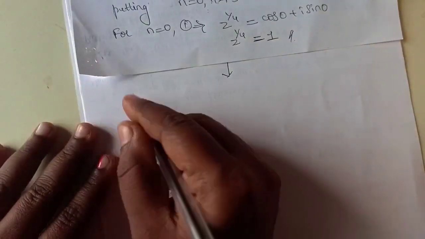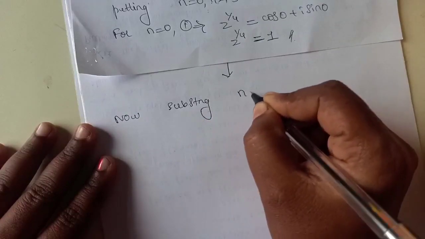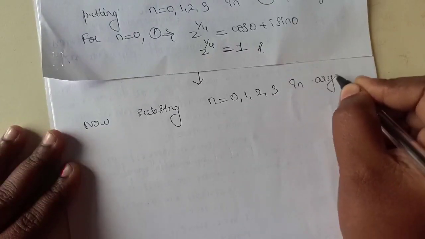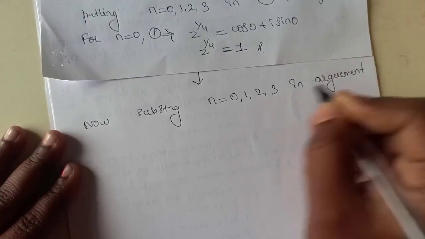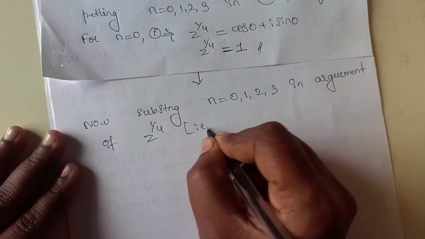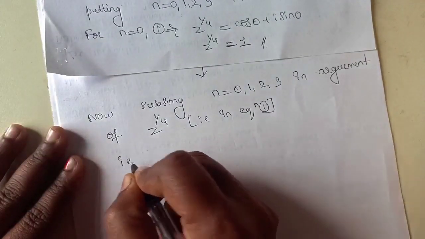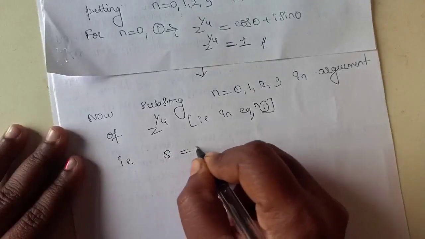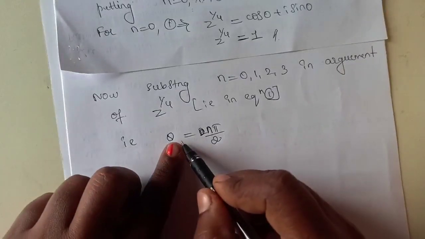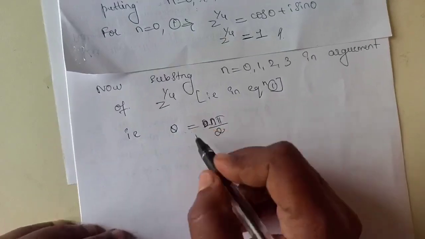So substituting n equals 0, 1, 2, 3 in the argument of z power 1 by 4, that is in equation 1, here theta is equal to n pi by 2. So we substitute n equals 0, 1, 2, 3 in theta equals n pi by 2.